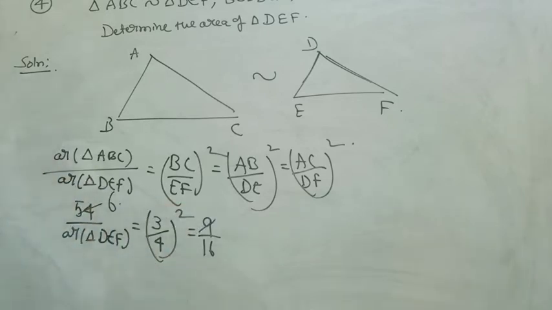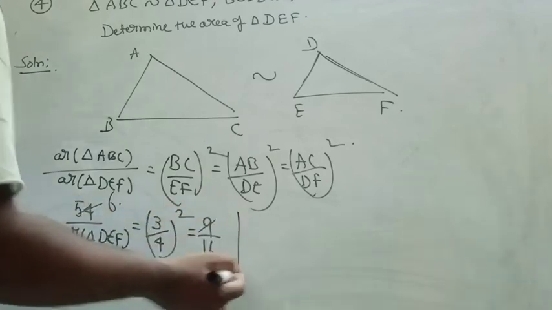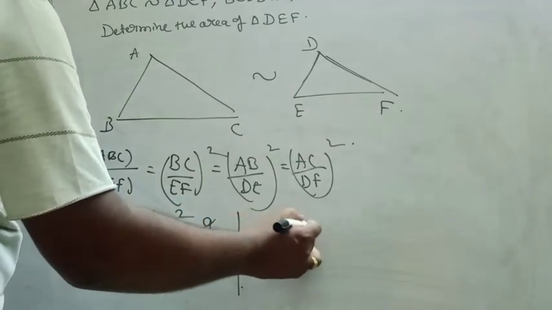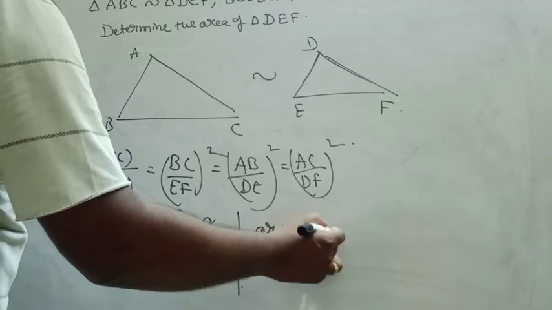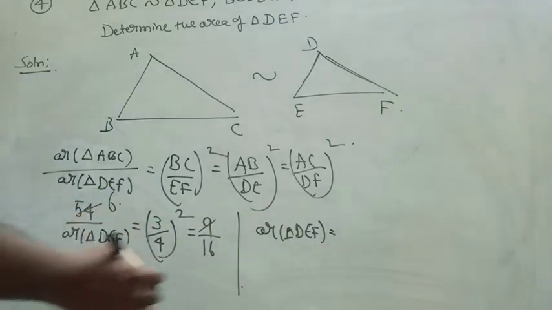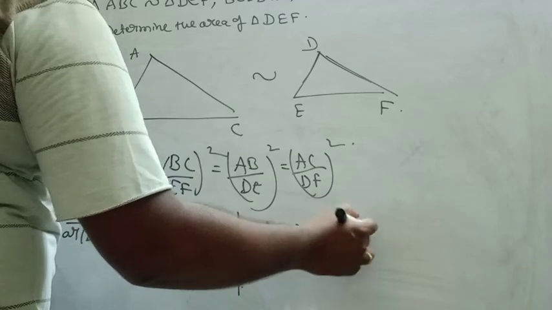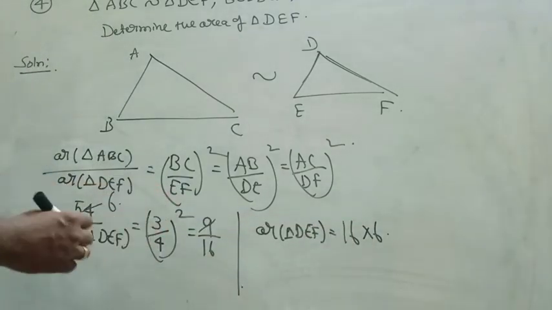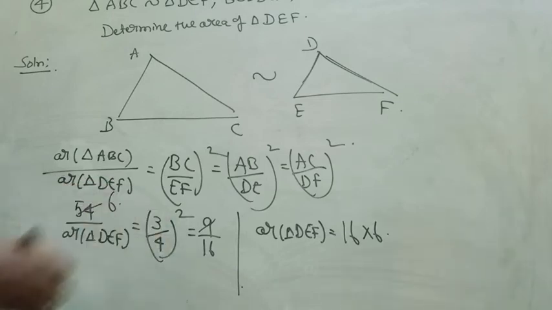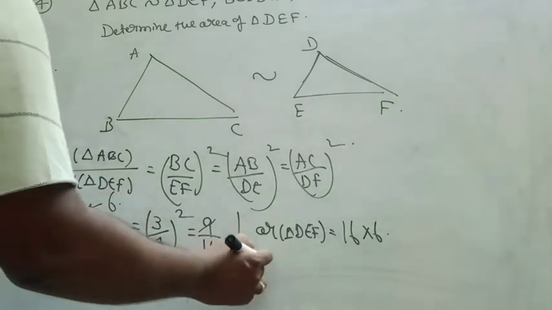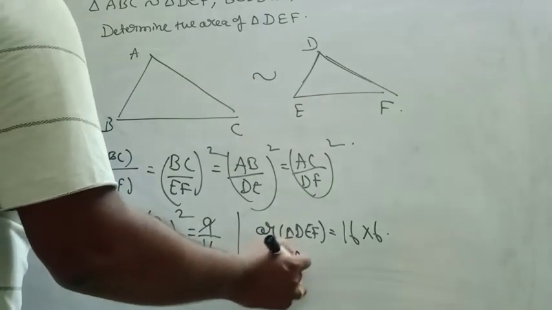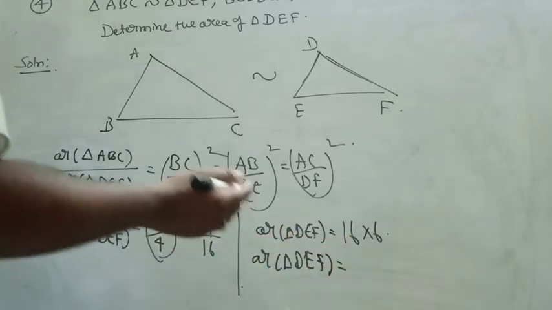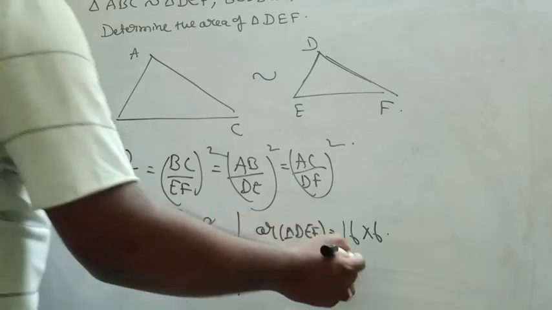Wonderfully we can do. Now from this, what have we got? Area of triangle DEF is equal to 16 into 6. Just cross multiply. 9 by 16, that is 9 ones are 9, 6s. 16 into 6. Therefore area of triangle DEF is equal to 16 into 6, 16 5s are 80, it is 96.